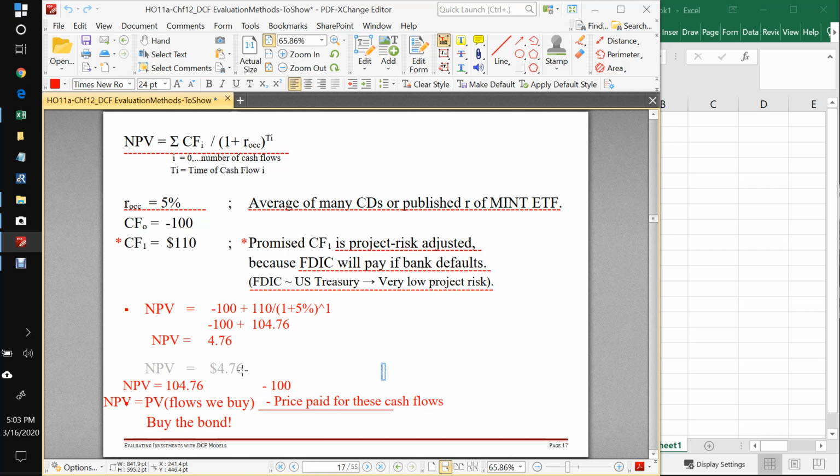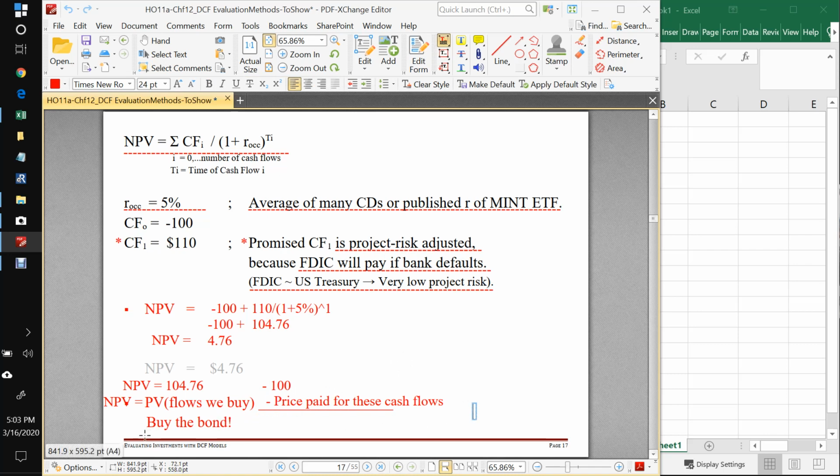We have, just rearranging a little bit what I've got up here, my NPV equals 104.76 minus 100, or in words, that's the present value of the flows that we purchased, only one in this case, minus the price that we had to pay for these cash flows, which was 100.